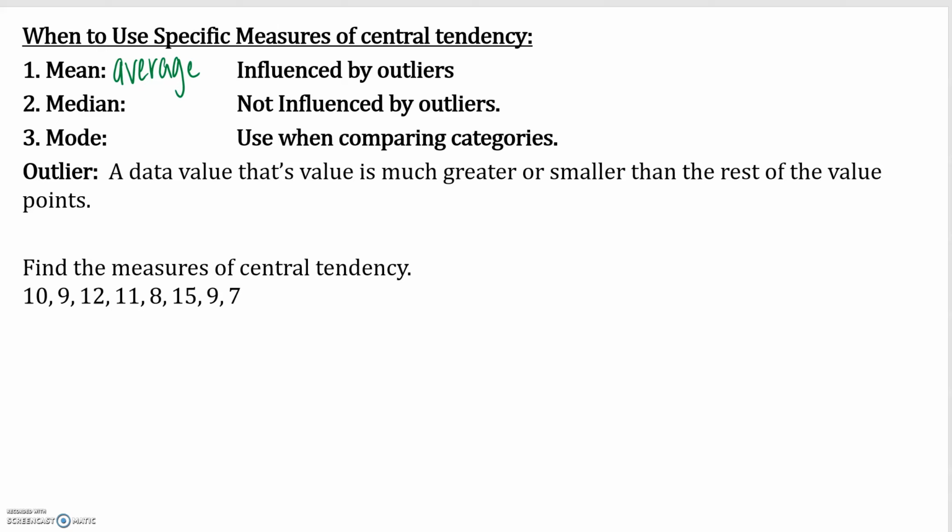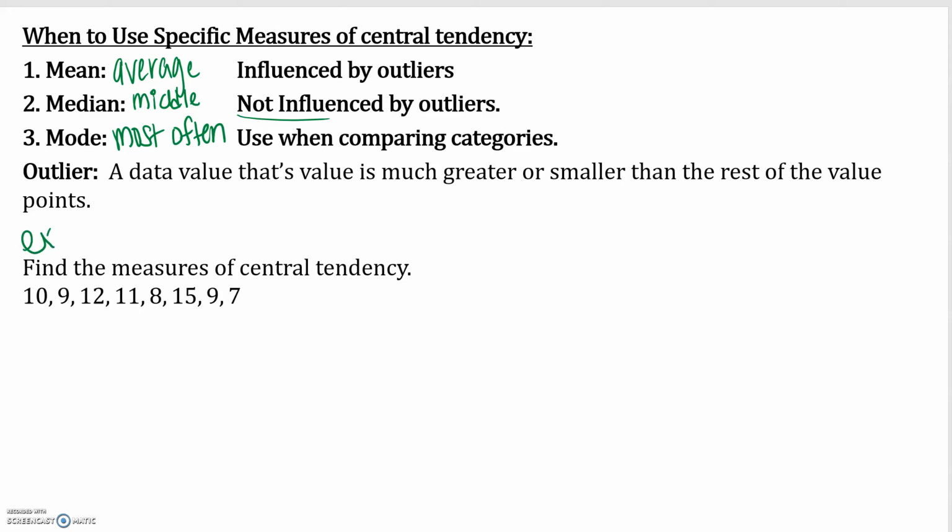So if we're trying to avoid that, we might not use the mean, and we might use the median instead. It's not influenced by outliers, which is the middle number. So remember, this is the one where you put them in order, and then you find the middle. And your mode might be something that you use when you're comparing categories. So remember, mode is something that occurs most often.